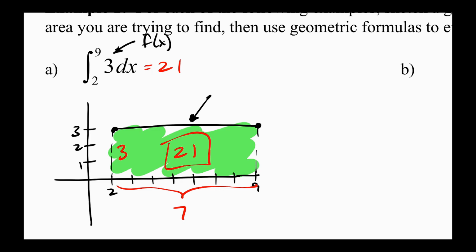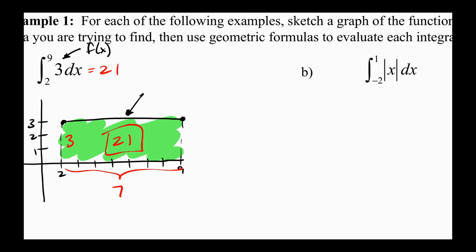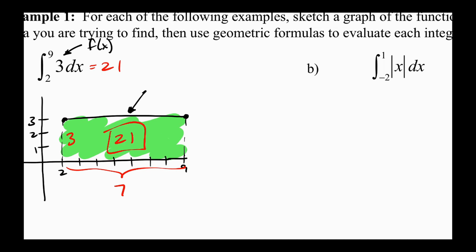Okay, but you wouldn't see that unless you actually drew it, right? You wouldn't know that it's a rectangle. You might not know what it is before you did that. Like the second one, like B. I have no idea what shape it's going to be until I draw it.